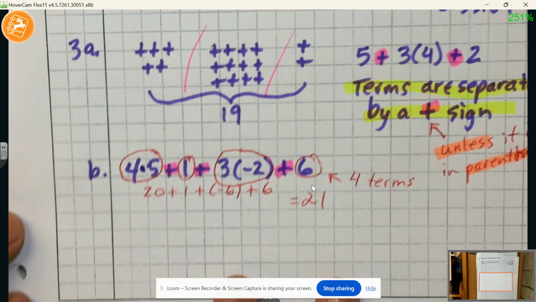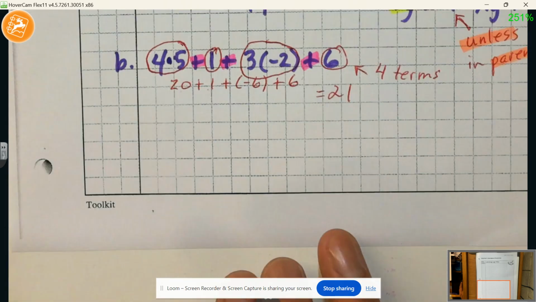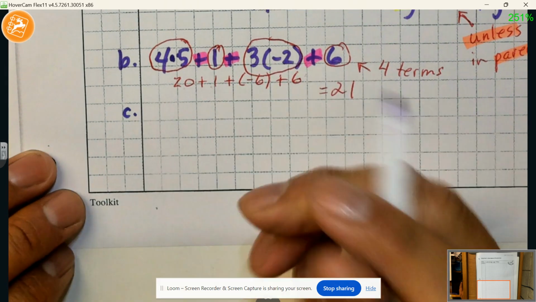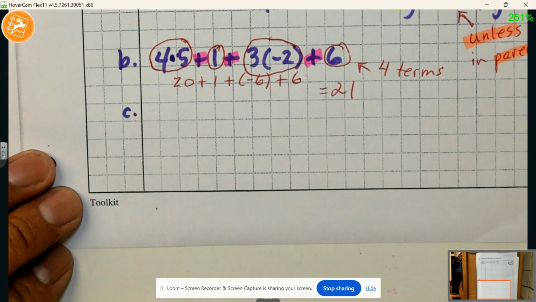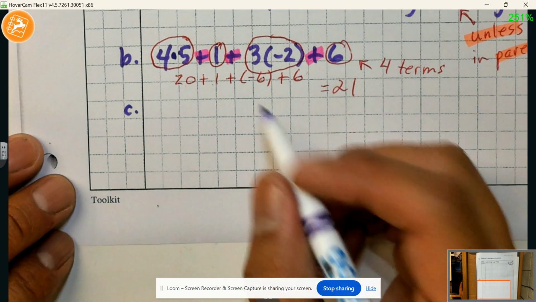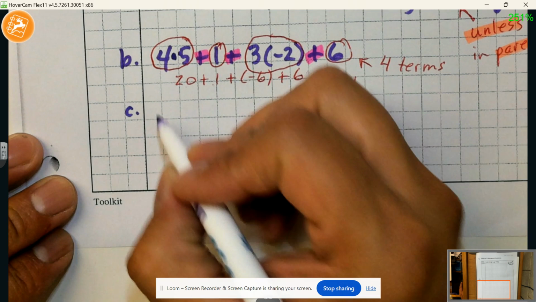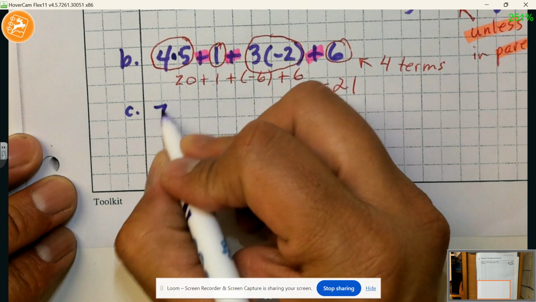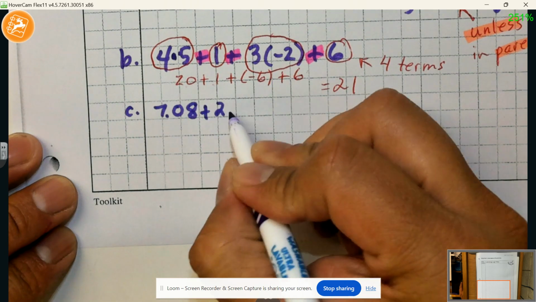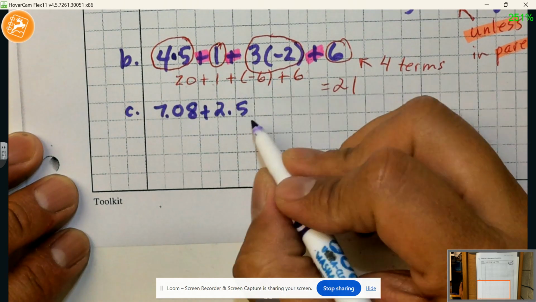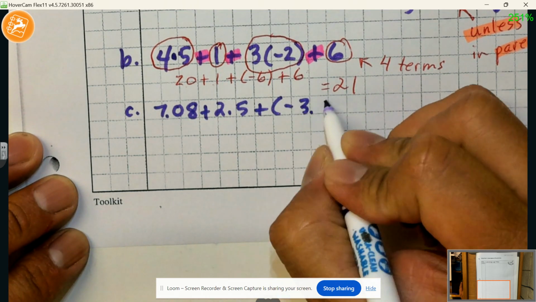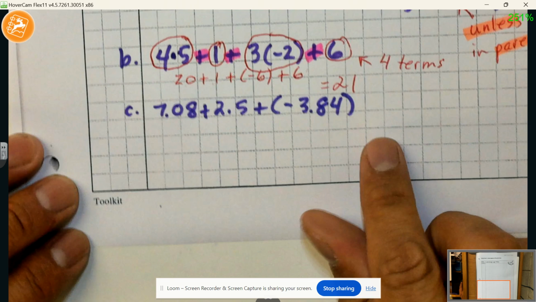All right, so let's look at a few more examples. So this is problem C. Do the same thing: circle the terms and find the value. Our next one is 7.08 plus 2.5 plus negative 3.84.